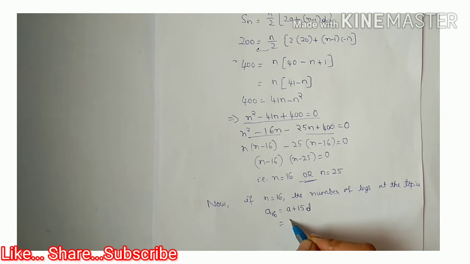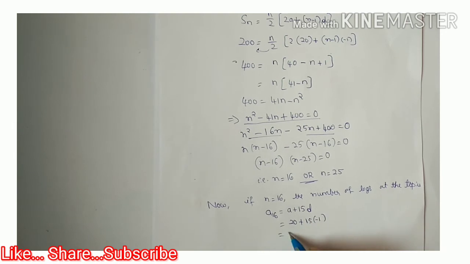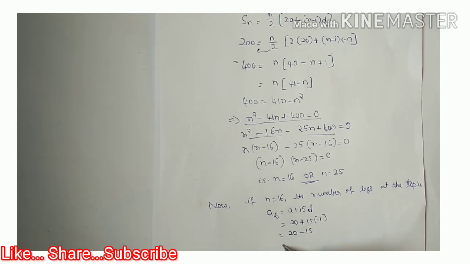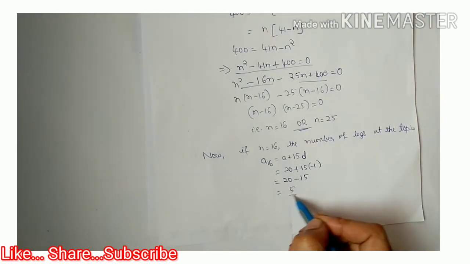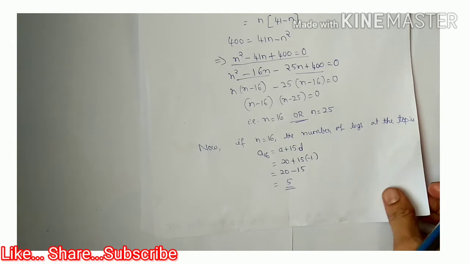Here a is 20, plus 15 into d, which is minus 1, so 20 minus 15, which is 5. Therefore 5.